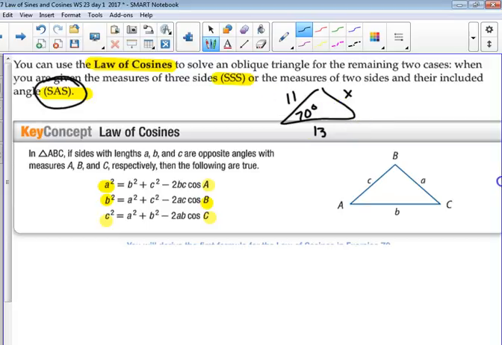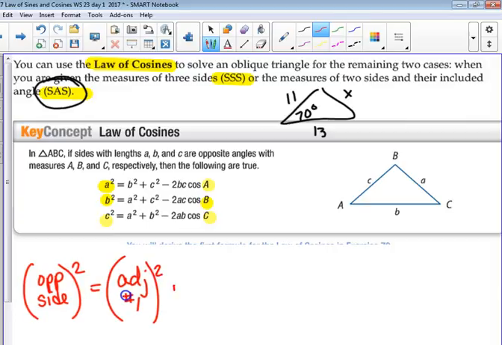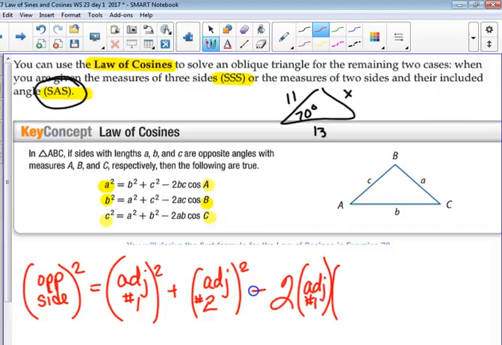So the rule is the side opposite the angle we know. The opposite side squared will be equal to adjacent side number 1 squared plus adjacent side number 2 squared, minus 2 times one of the adjacent sides times the other adjacent side, times the cosine of the included angle, the only angle we know.